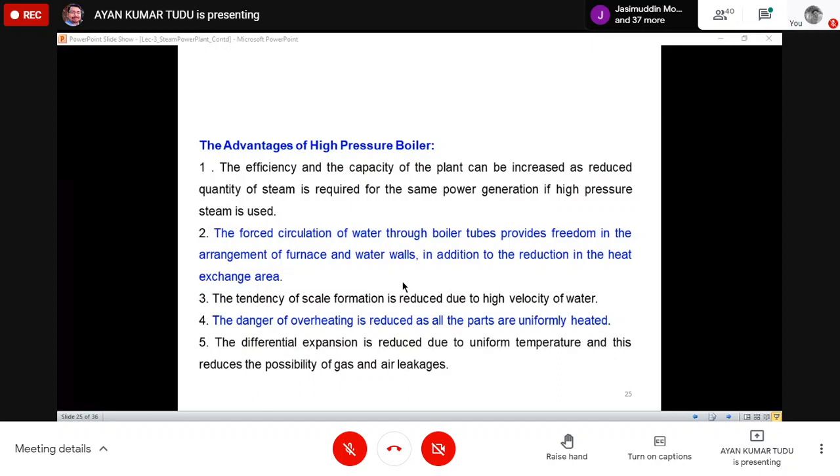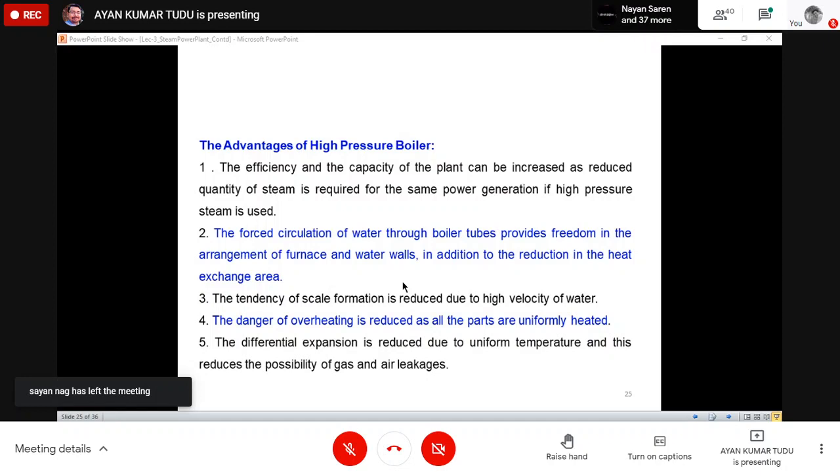and this reduces the possibility of gas and air leakages. This is understandable: if we are using high pressure and forced circulation, there will be uniform temperature throughout the boiler.